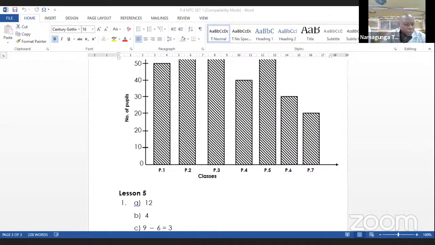The last question on number 1 says, what is the total number of animals on the farm? Namukasa Serena?